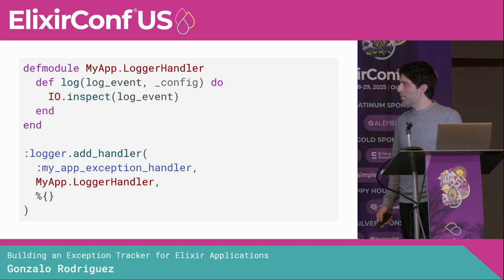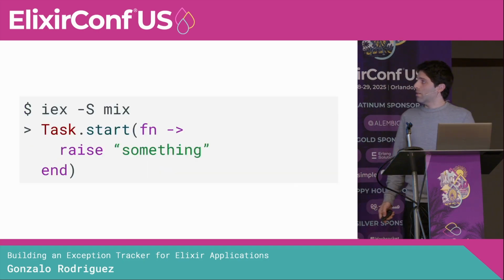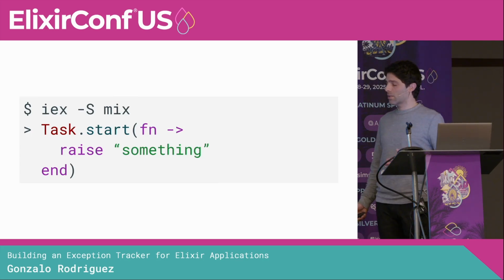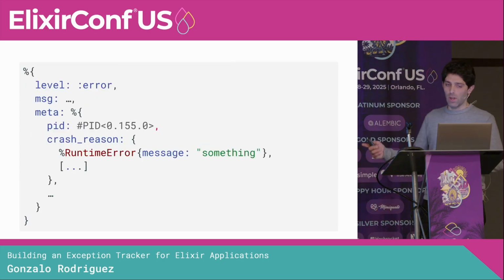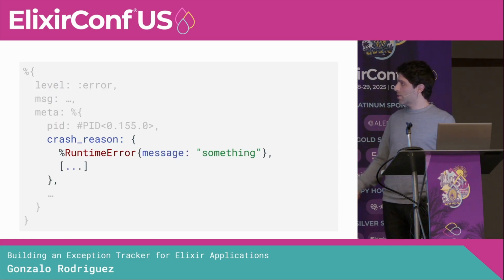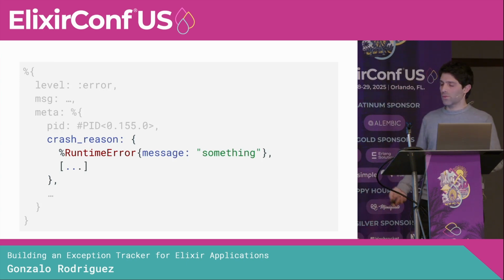First naive implementation: just print out any received event for the handler. When we tried raising a runtime exception from any unlinked asynchronous task, we received a log event with the crash reason in the metadata, and with the stack trace as the second tuple element, abbreviated for space reasons in the slide.